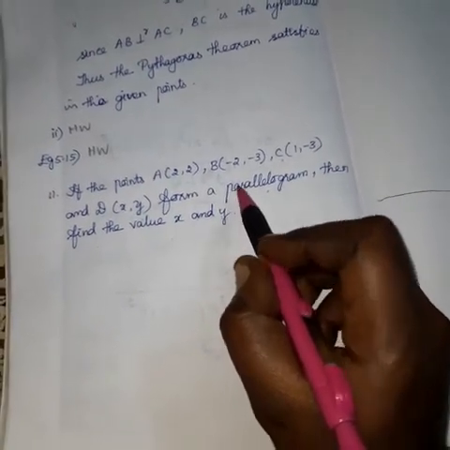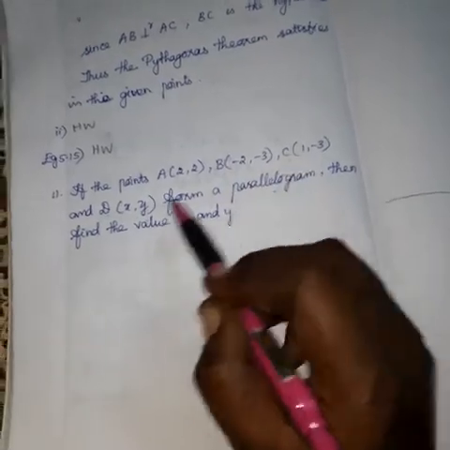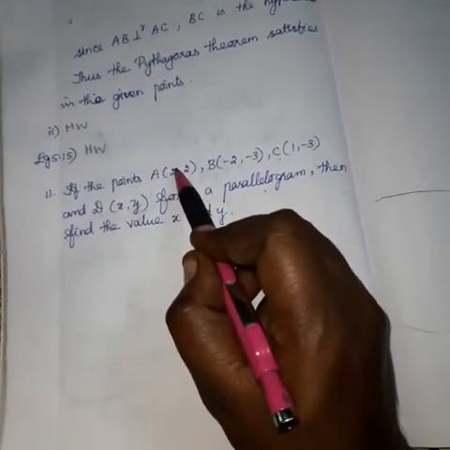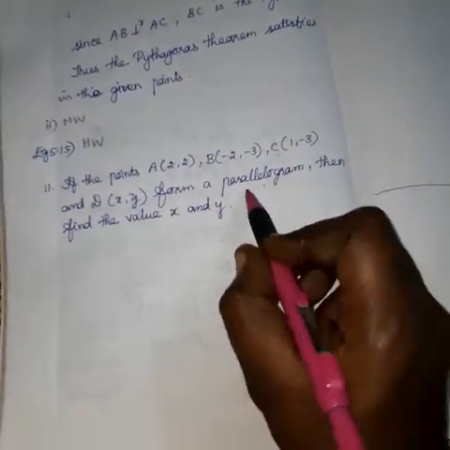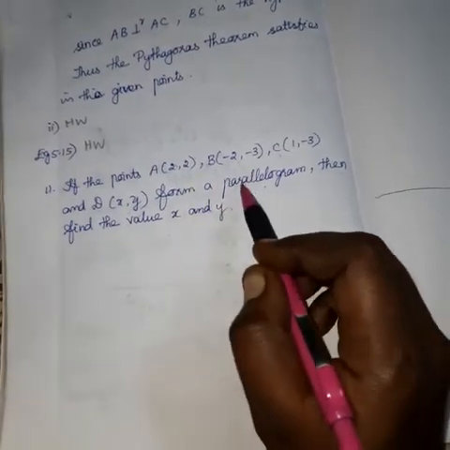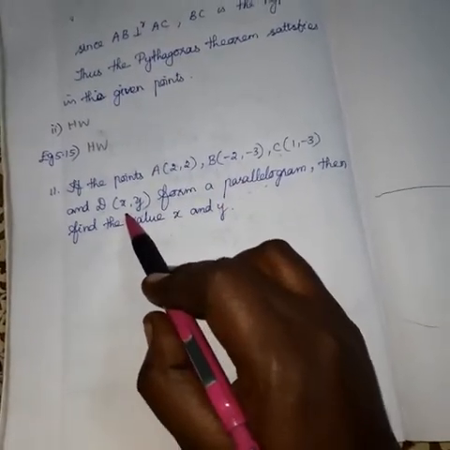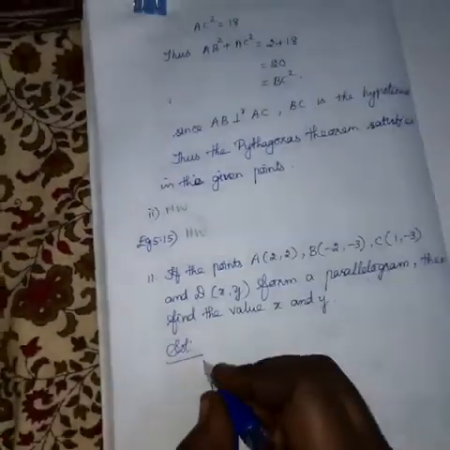So first of all we can find the slope of AB, BC, CD and AD. Then we can say since the 4 points form a parallelogram, the slopes of opposite sides are equal, and find the value of x. So first we can start.